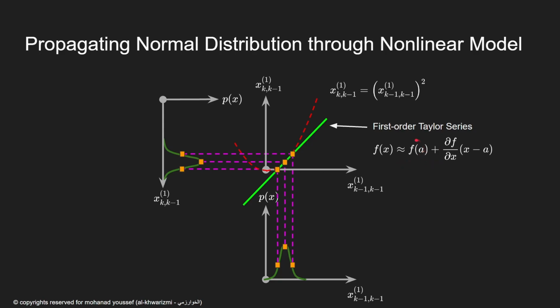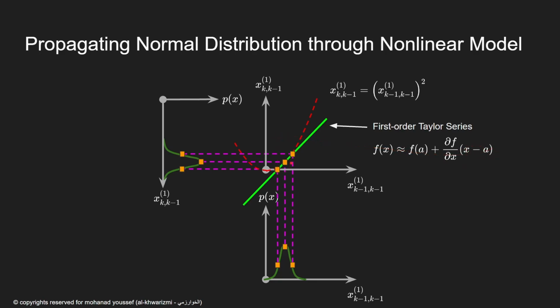So it's basically here the function, the nonlinear function, the evaluation of the nonlinear function around the point of interest. So point of interest is a. Then we add here the slope, so the partial derivative of f, the linear model, with respect to x, that's the slope, and then we multiply it with the deviation.